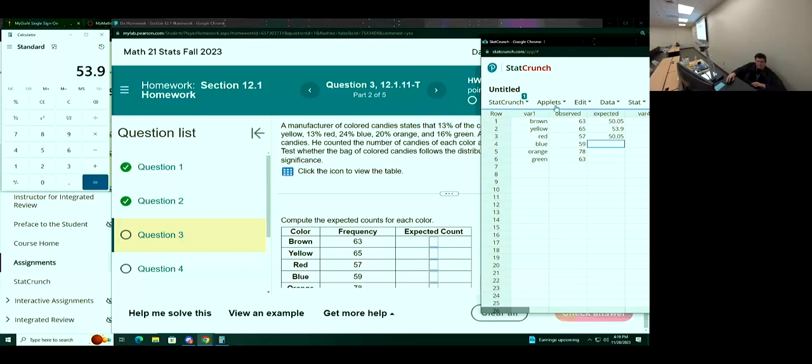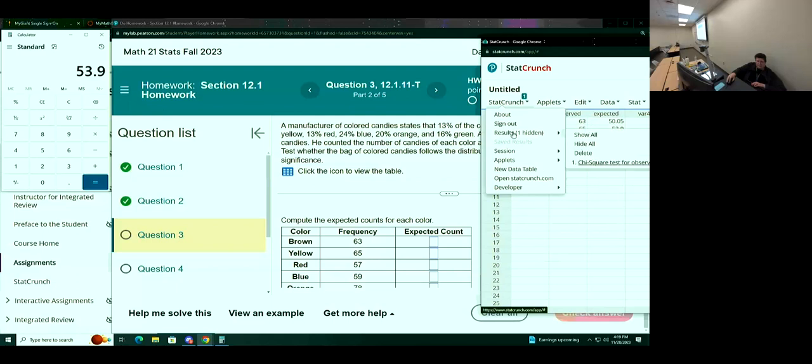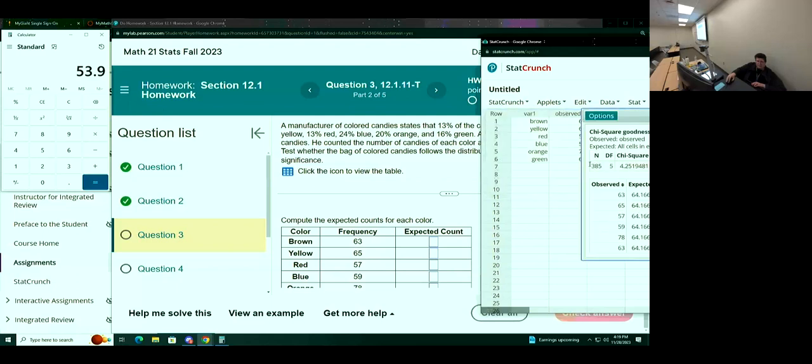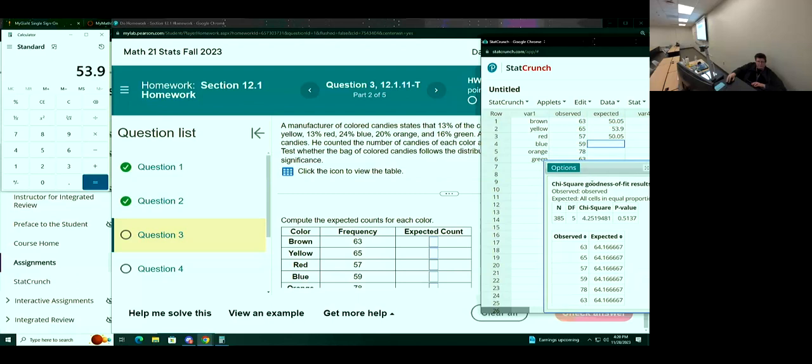What is my N here? I forget. 385. Is that what I just did?